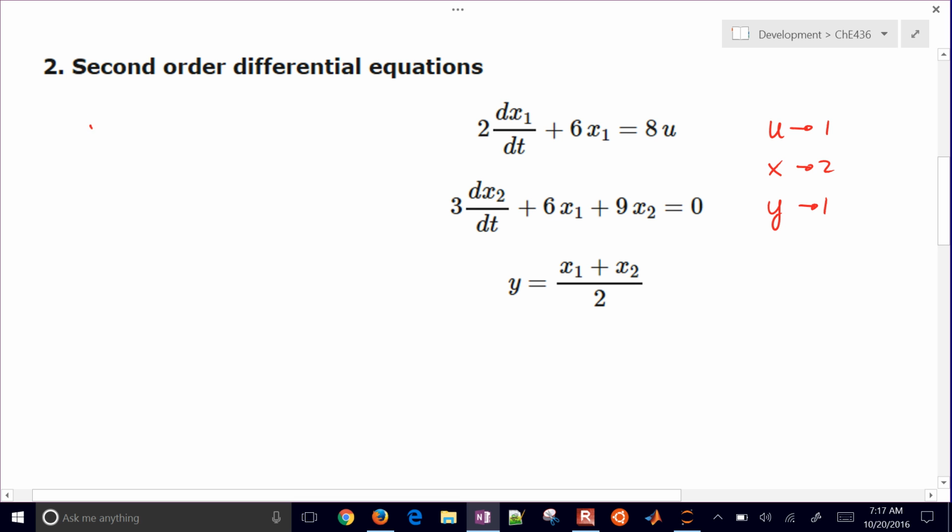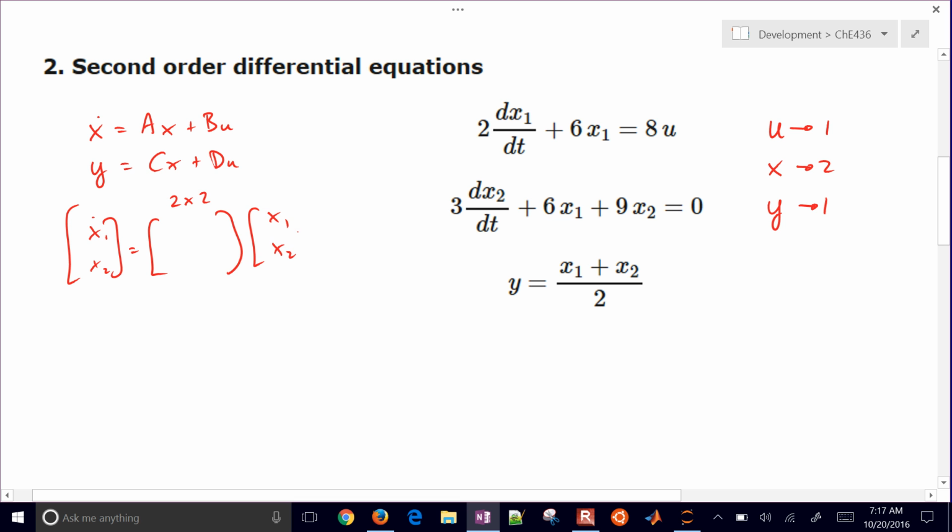So let's go ahead and write out our state space form here just to see what we're expecting. Plus Du. And if I write it out into matrix form, I have a 2 by 2 right here, that's going to be n by n. And then I have x1, x2 plus, and then this is going to be an n by 1.